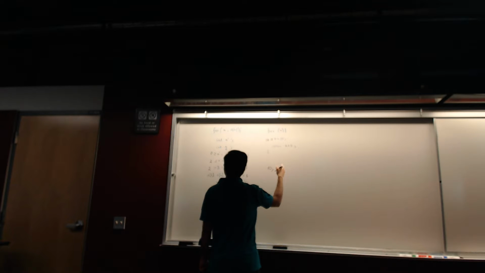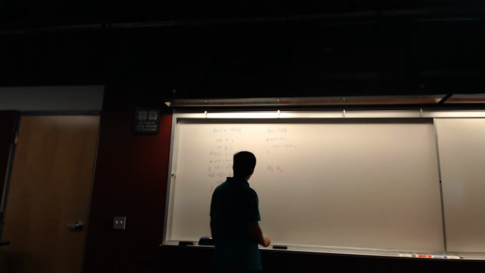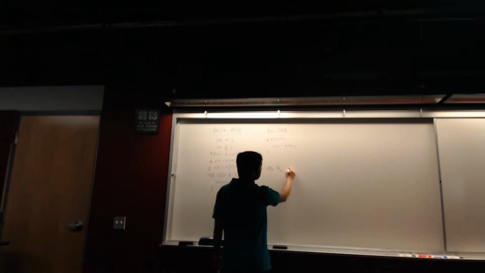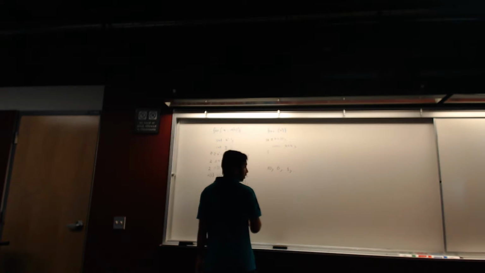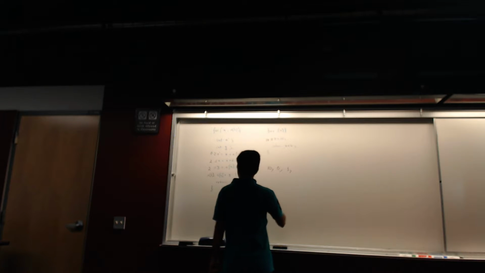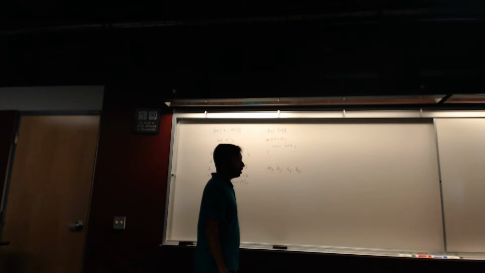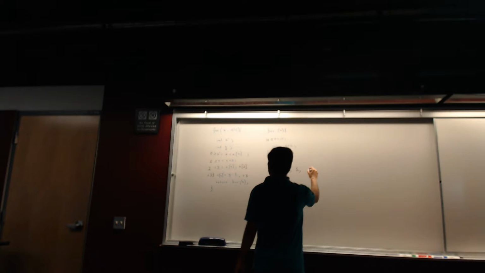A[0] is what? We didn't change a[0], so a[0] is still 0. A[1], we didn't change a[1], so a[1] is 1. Then a[2] is 1. Right? A[2] is 1. And then b, we have 14.